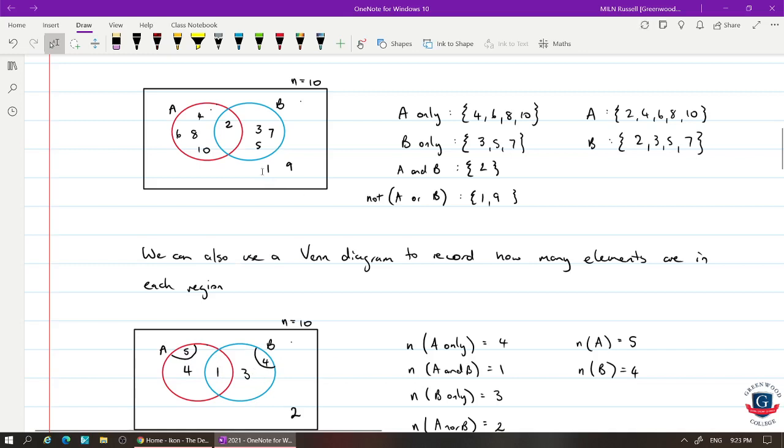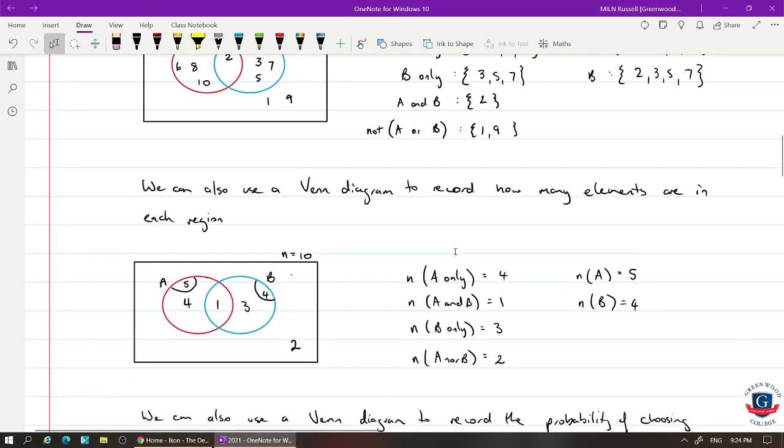In B only, we have 3 elements. There they are there. And in A only, we have 4 elements. And in the intersection, there's only 1 element. So here we've got a recording of the counts of how many elements are in each region, 2 being on the outside. And over here we show how to list it.